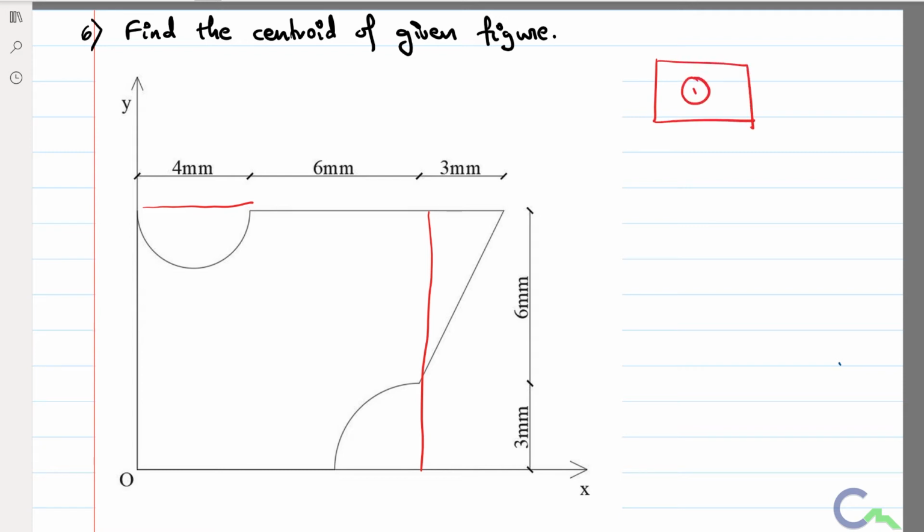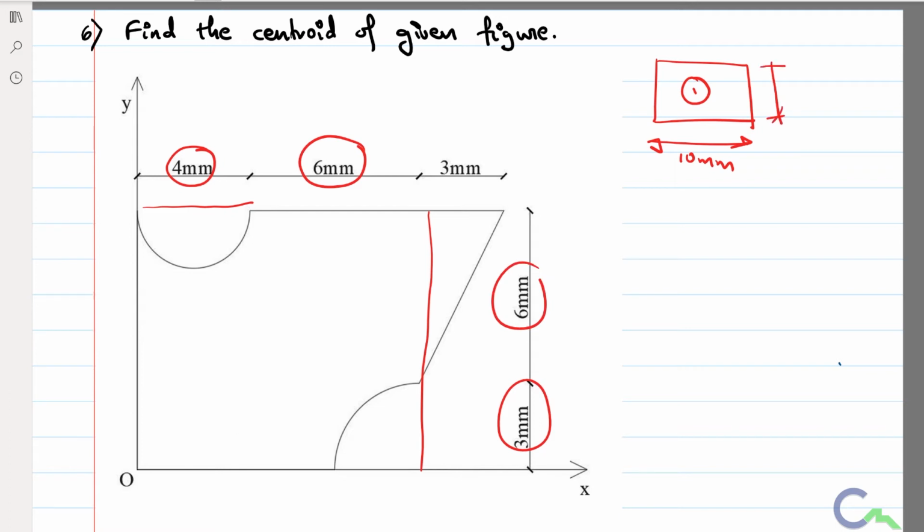If I take this as first component, that size will be 10 mm, that is base of the rectangle. Then height of the rectangle, I can take it as 9 mm, 3 plus 6, total it is 9 mm. So second component, I am going to take this triangle.